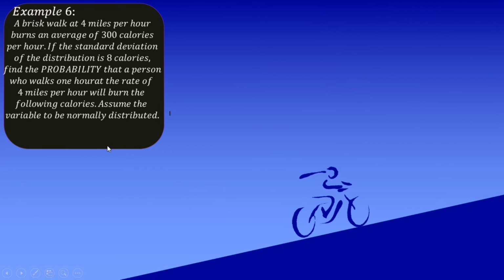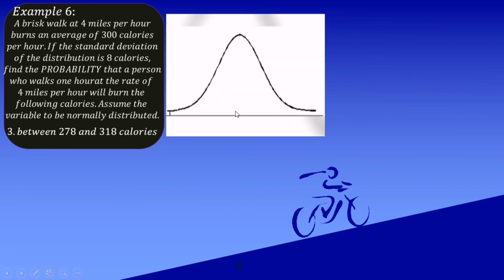Problem pa rin tayo for example number 6, but let's answer number 3, between 278 and 318 calories. So yan ang ating standard normal curve with its z-scores and its x values. Yung nasa gitna, the average or the mean is 300 and the standard deviation is 8.